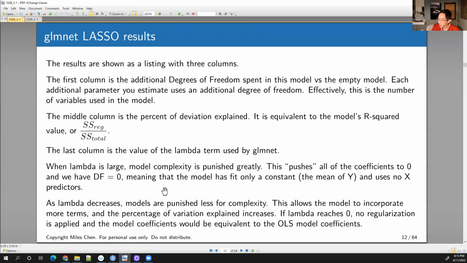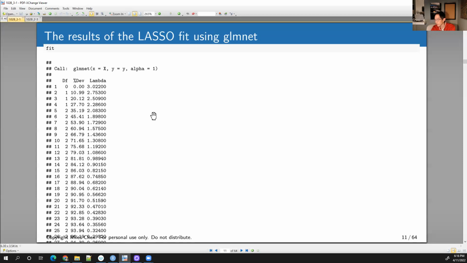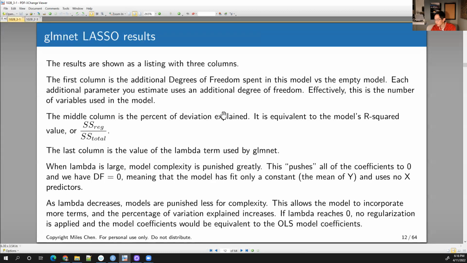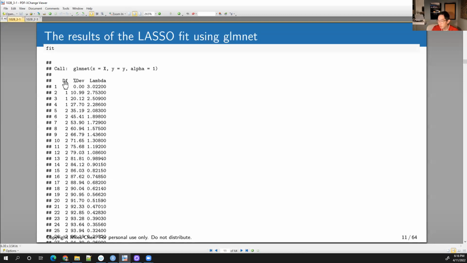We have a total of 3 columns. The first column is the degrees of freedom. It's the degrees of freedom spent on this model versus the empty model, which is basically the number of variables being used in the model. So if we have df 0, this means 0 additional variables are used, and if you don't use any variables, you're not going to be able to explain any of the variation.